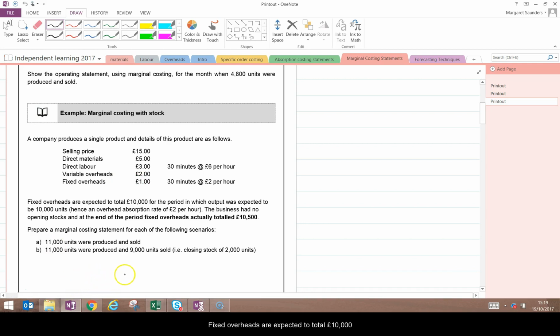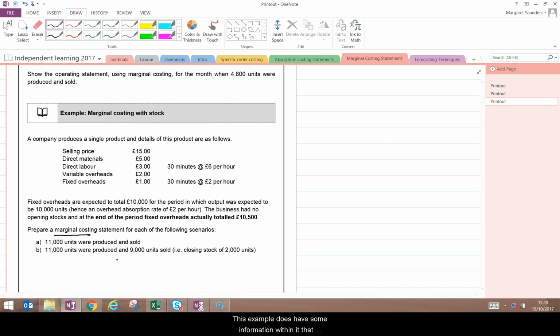Fixed overheads are expected to total £10,000 and we're told an overhead absorption rate. There are no opening stocks, and at the end of the period fixed overheads actually totalled £10,500. We're required to prepare a marginal costing statement, firstly with 11,000 units produced and sold, and then a second statement when 11,000 units were produced and 9,000 units were sold.